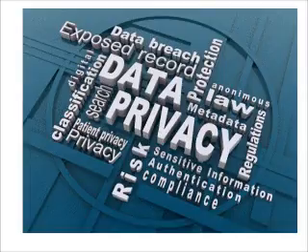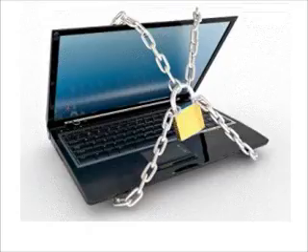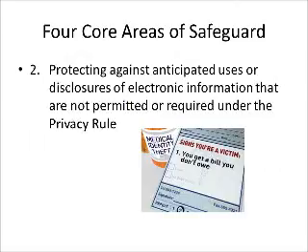While the privacy rule sets the standards for disclosure and usage of health information, the security rule covers the move to electronic health information. Number 2, protecting against anticipated uses or disclosures of electronic protected health information that are not permitted or required under the privacy rule.